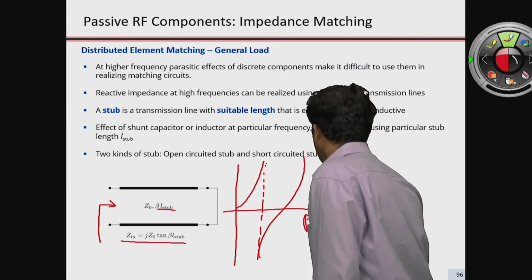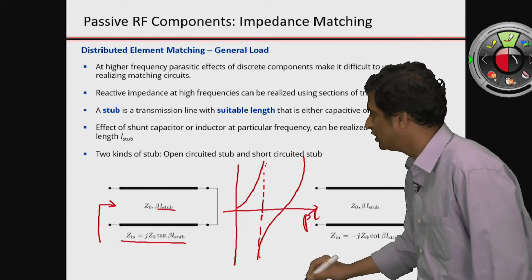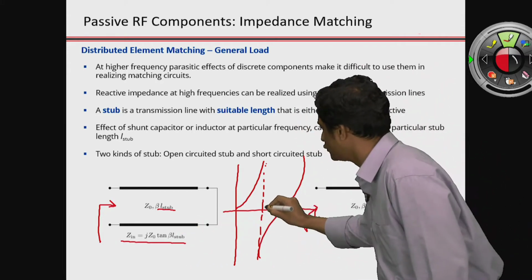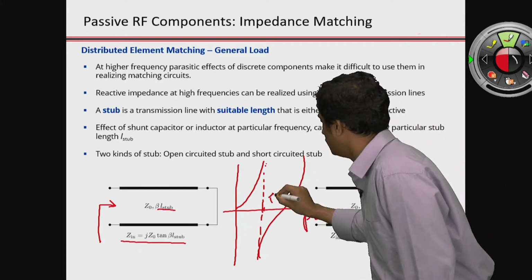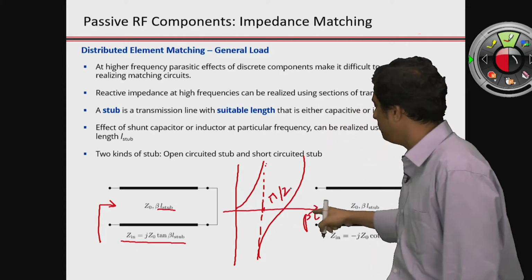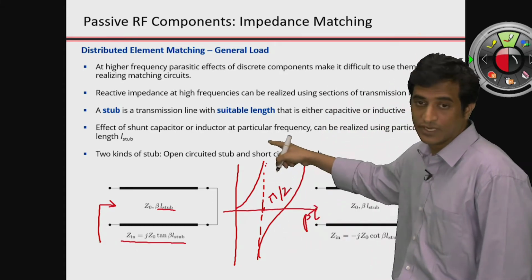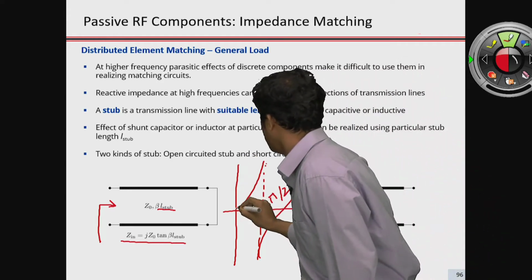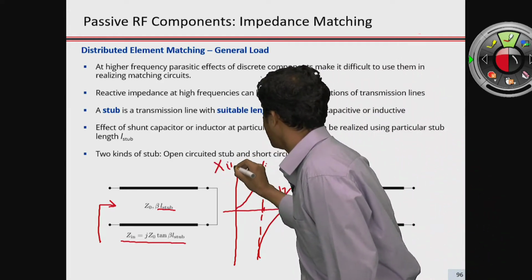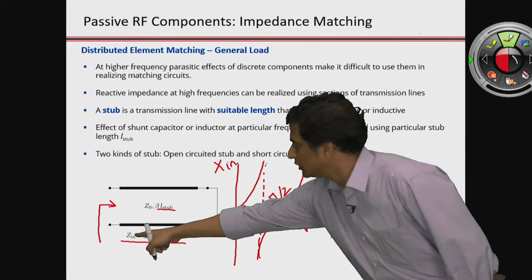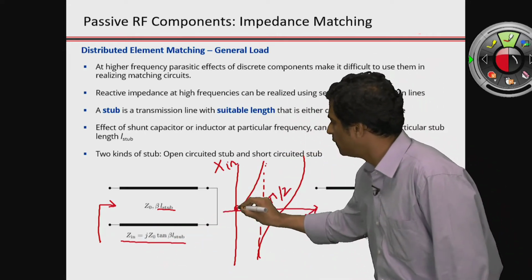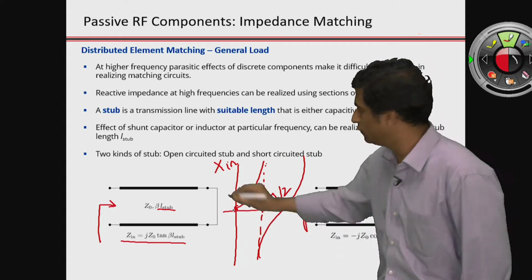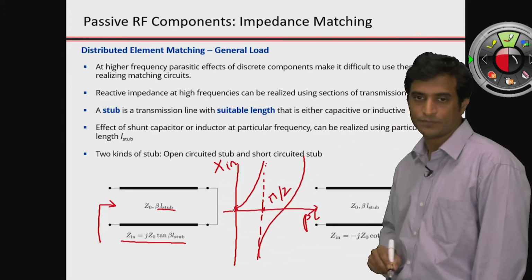So if I were to plot it in terms of beta L stub, the tan(beta L) is going to have, at pi by 2, when beta L equals pi by 2, infinite impedance, and this is the reactance X of the input impedance, and 0 at L stub equal to 0, which is basically a short circuit.